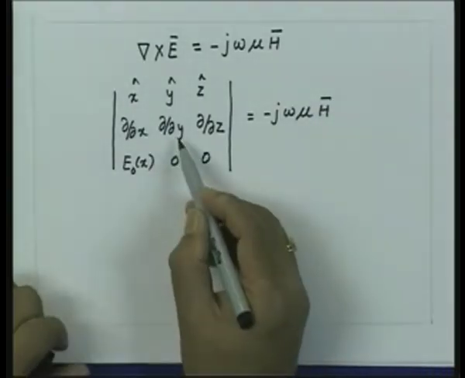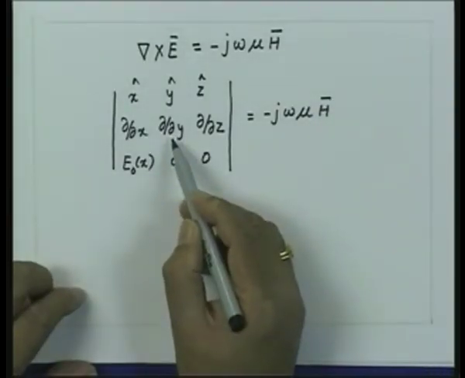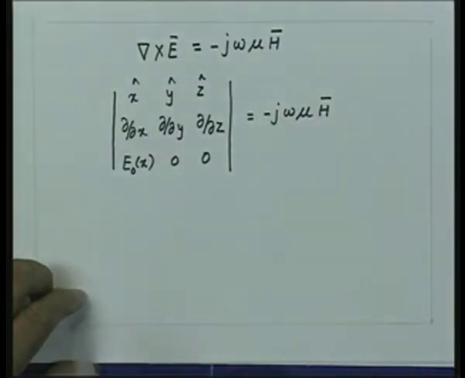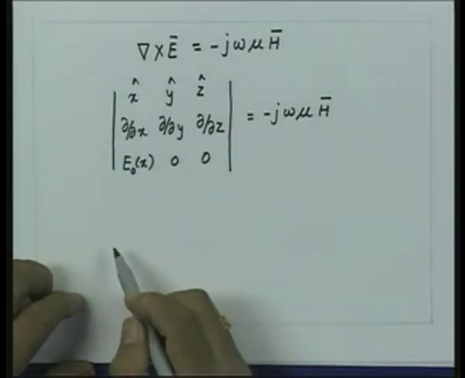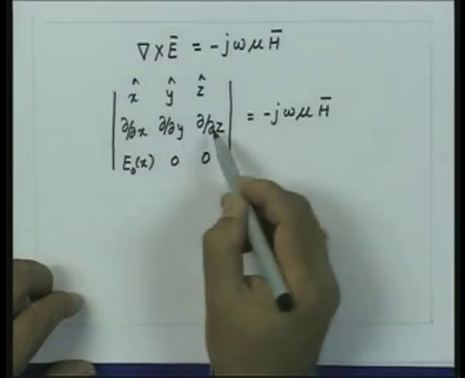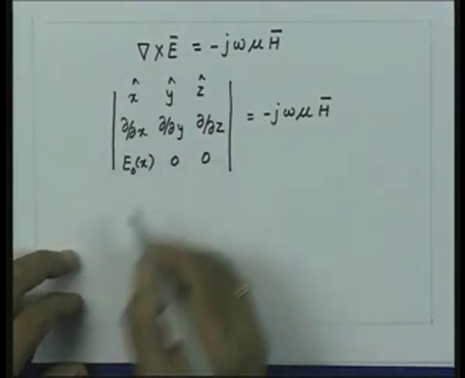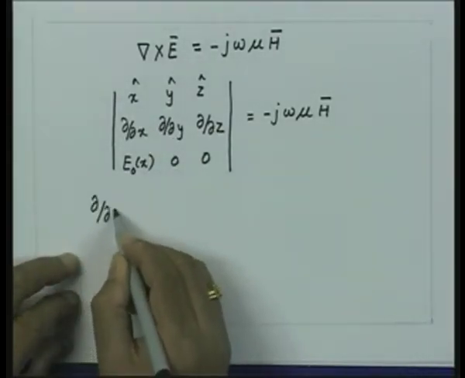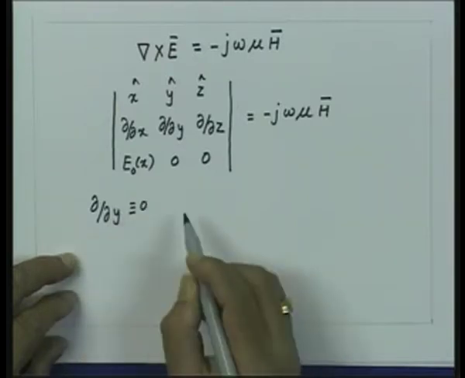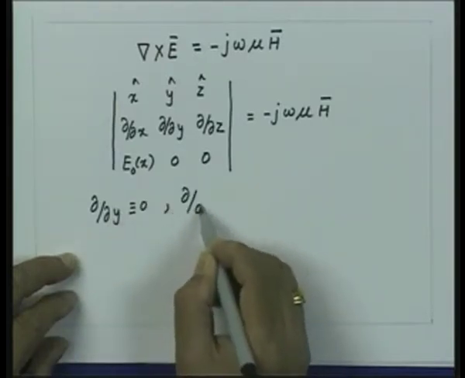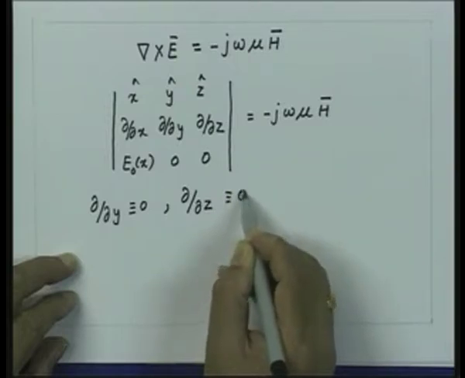Now, since we have assumed that the field is not varying in y and z, it is only a function of x, the derivatives with respect to y and z are identically 0. So, d by dy is identically 0, d by dz is identically 0.